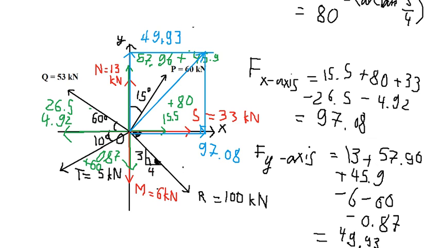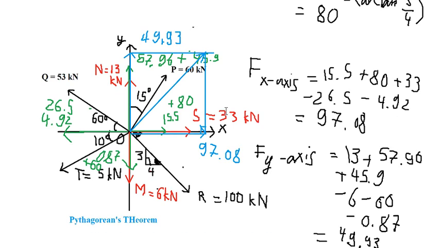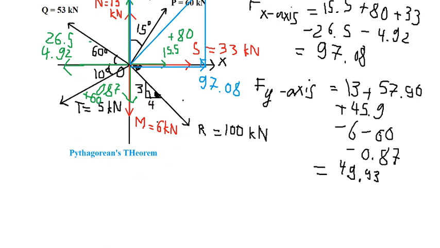And now we can use about Pythagorean theorem to calculate about the resultant in here.